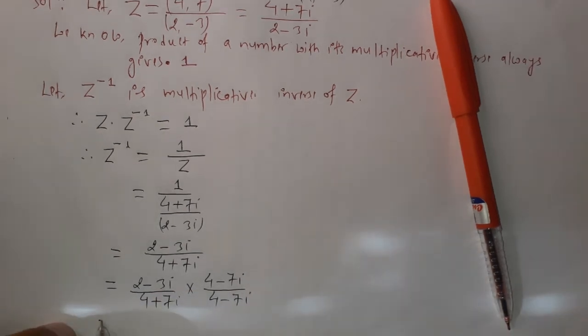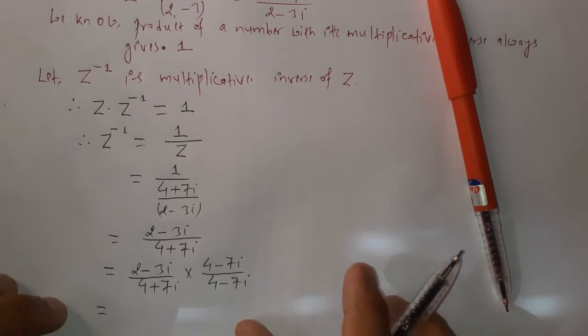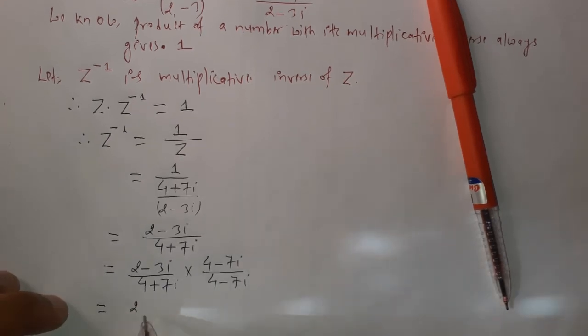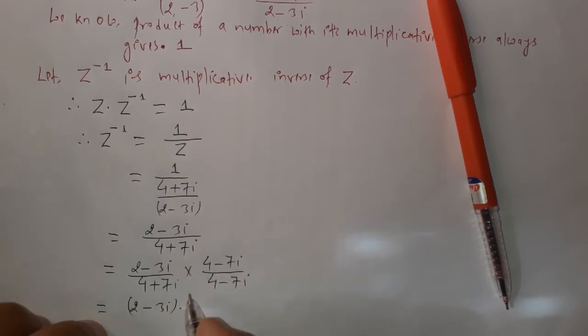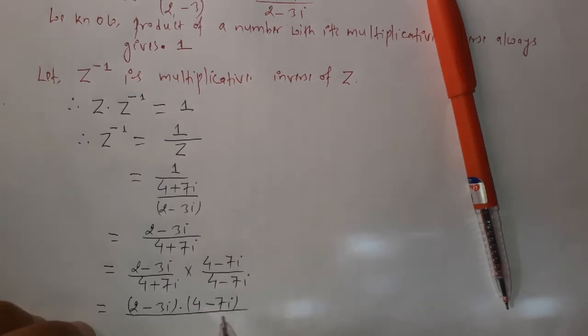The benefit is that in the denominator there is a form like a plus b times a minus b, and we can directly use the formula for the difference of squares, a squared minus b squared.